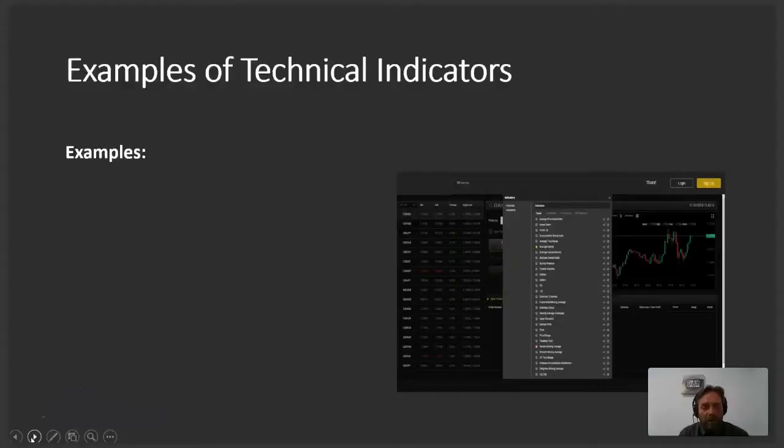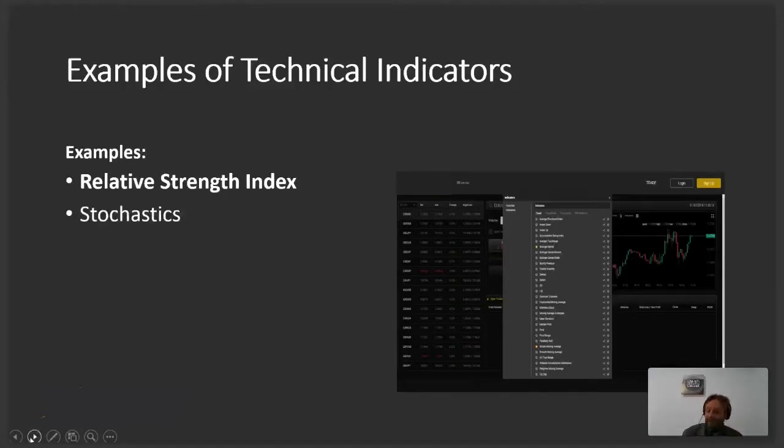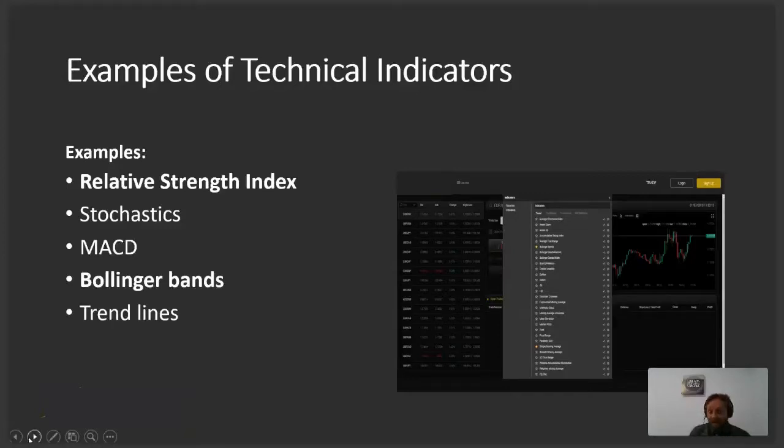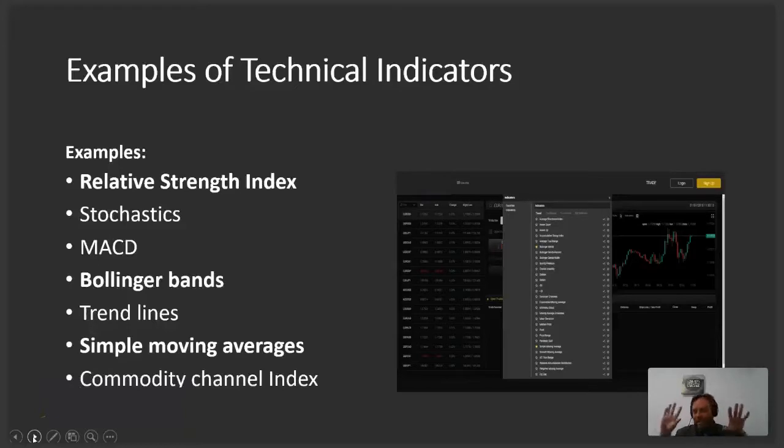Examples of such technical indicators include the Relative Strength Index, RSI, something we'll talk about today, stochastics, MACD, Bollinger Bands, again something which we'll discuss today, trend lines, simple moving averages, again something we'll be introduced to today, and commodity channel index, just to name a few, because there are hundreds of these different indicators which traders believe in, etc. But we're just going to focus on a handful of those tonight.